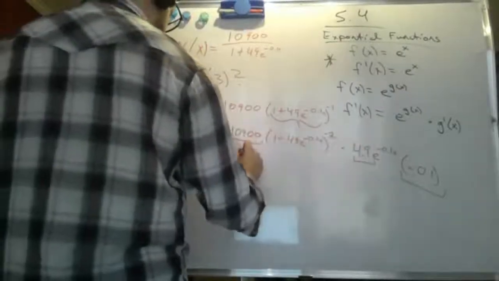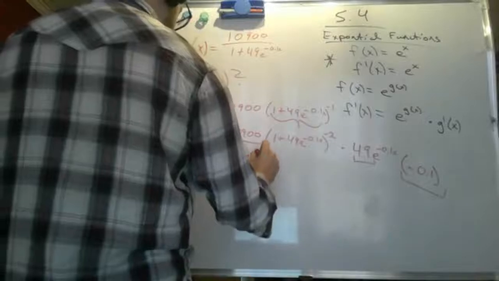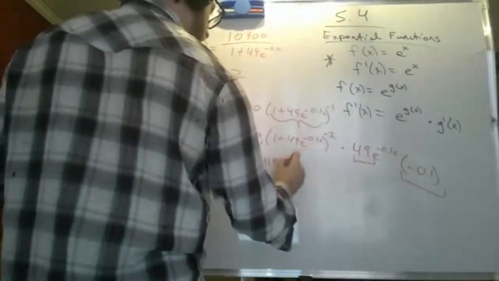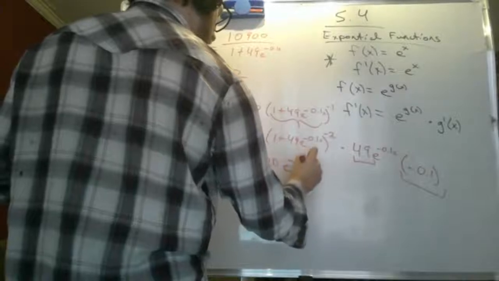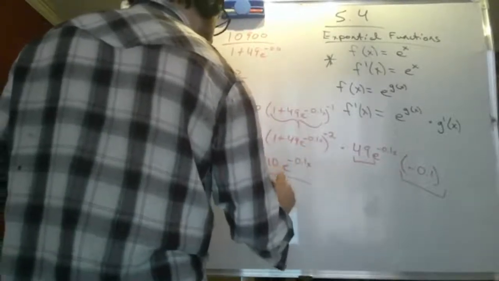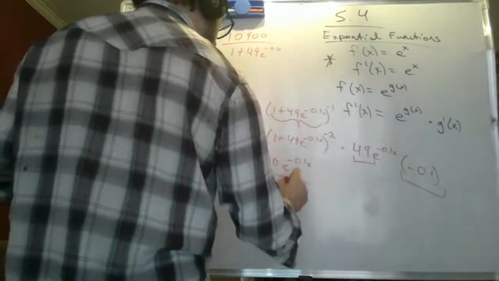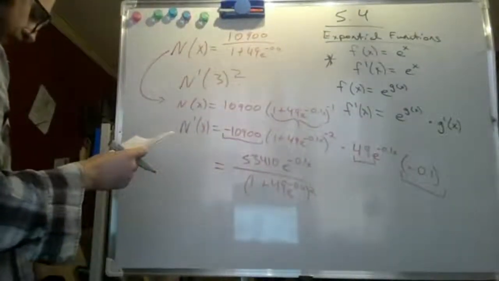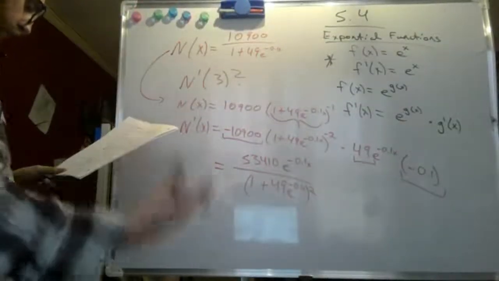And when you multiply this out, you're actually going to have 5,300, 410. We still have our e raised to the negative 0.1x. And then this is all divided by 1 plus 49 e raised to the negative 0.1 x squared. And there you have it. That is the derivative.